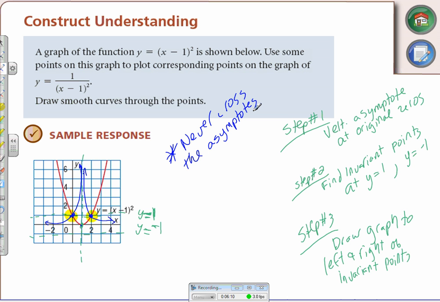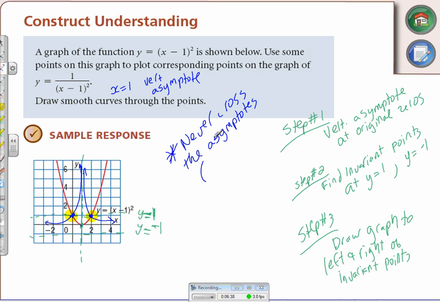So that means your vertical asymptote, which was your NPVs, in this case, would be at x equals 1. That's your vertical asymptote. So you can never cross x equals 1. And you can never cross the x-axis, because that's the horizontal asymptote.